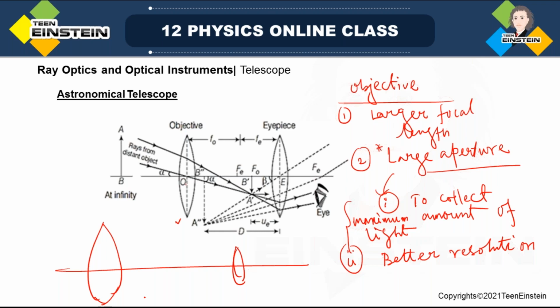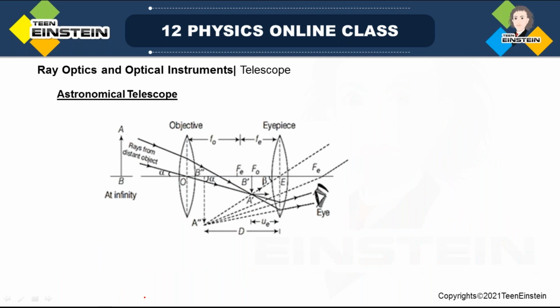And the focal length is also larger, and generally the objective is facing the object. So the aperture is large to gather sufficient light from the distant object. All right, so this is about the objective.